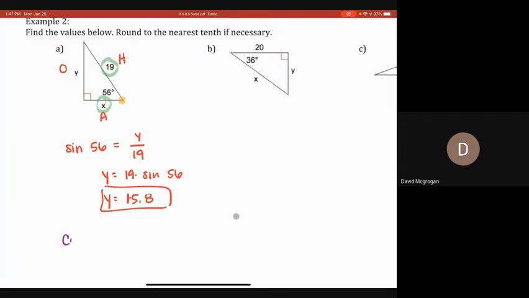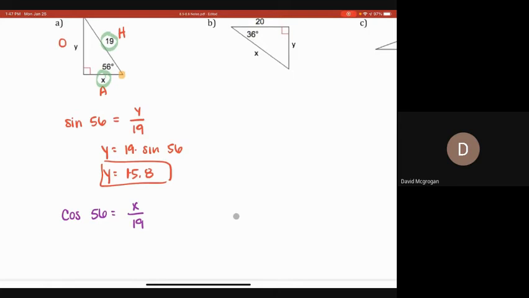So I would do cosine of 56 equals my adjacent, which is x, over my hypotenuse, which is 19. And then you just do 19 times cosine 56. You may write it out if you want. You do not have to. So do 19 times cosine 56, and what did you guys get? 10.6. Good.